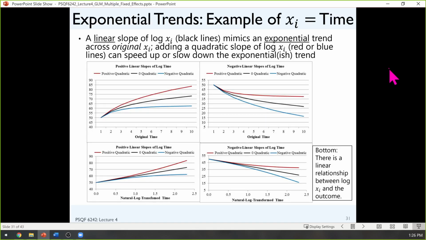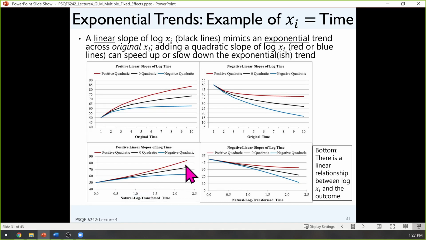So what I have here is time, again, as a predictor. And if you look at the bottom plots first, the x-axis is natural log transformed time. And the black line describes what would happen if you fit a linear slope to that log transformed predictor variable.